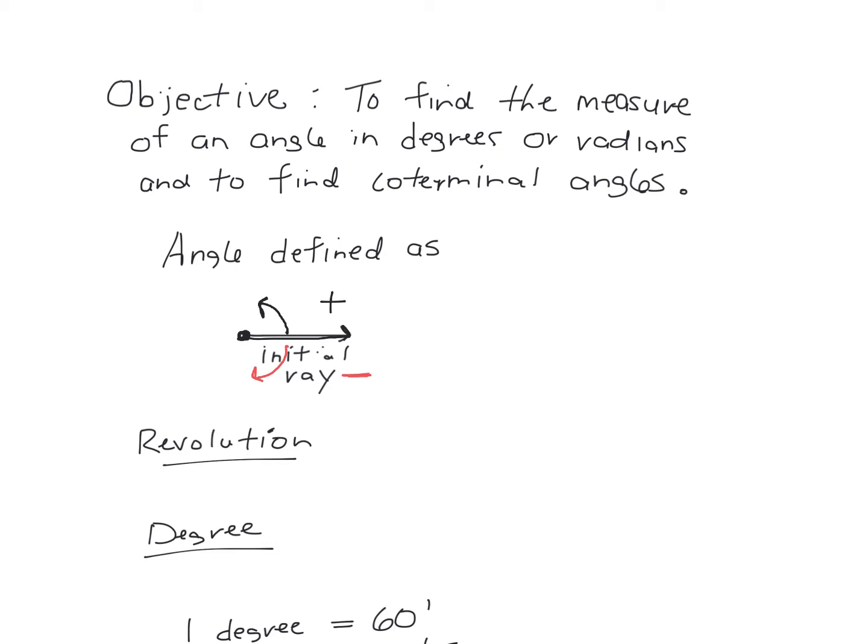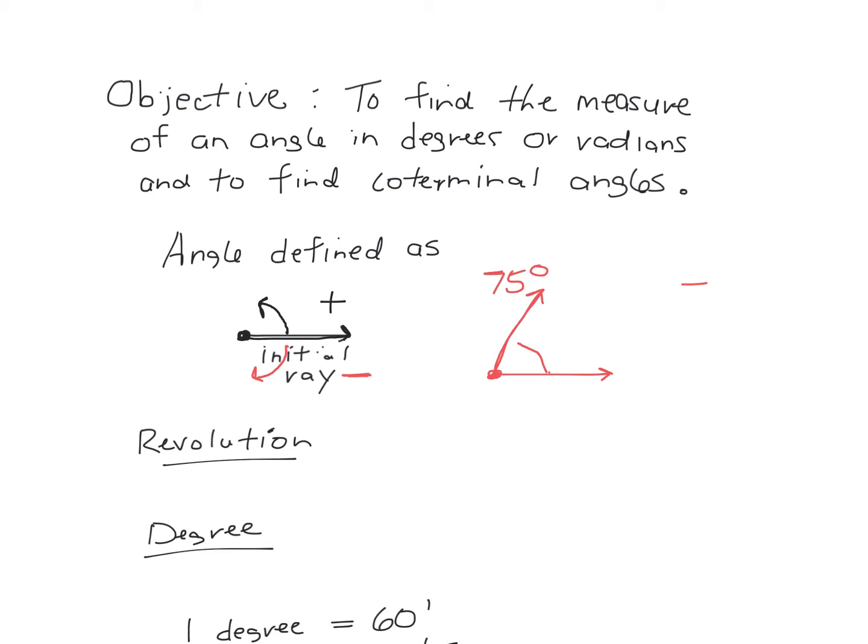So if I wanted to draw an angle of, let's say, 75 degrees, I would start with this initial ray and rotate in a positive direction, which is counterclockwise, 75 degrees, and that angle would be about in that position.